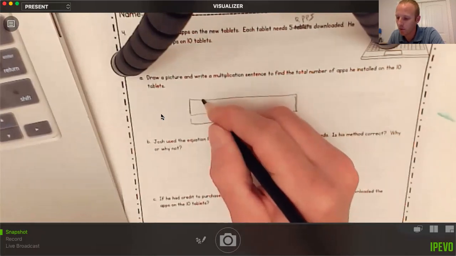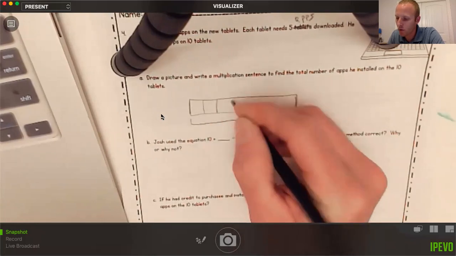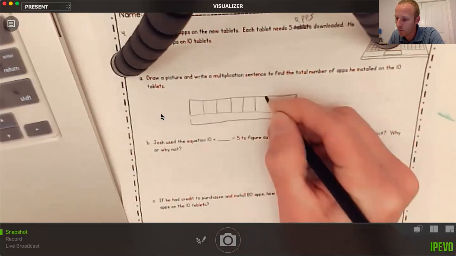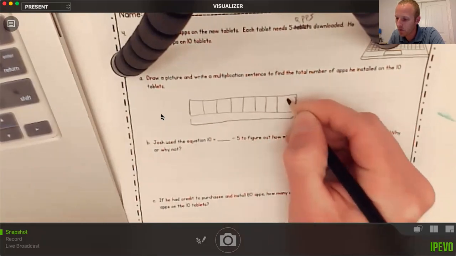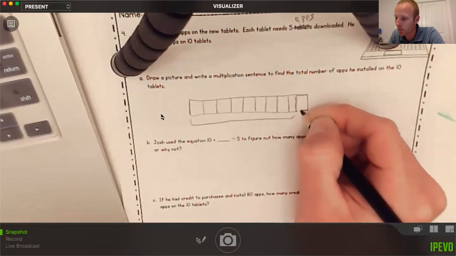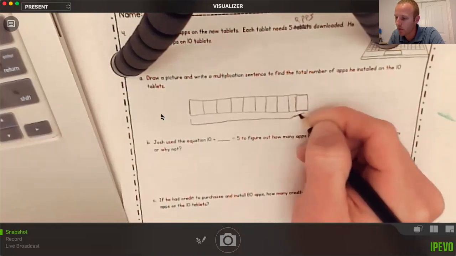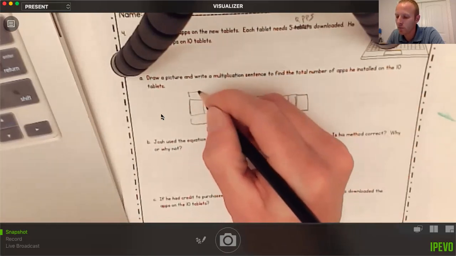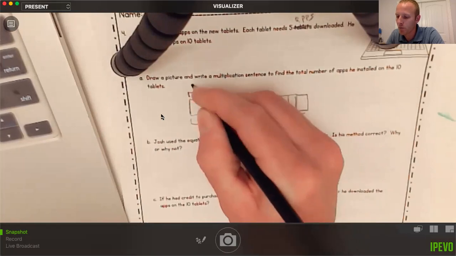I have 1, 2, 3, 4, 5, 6, 7, 8, 9. Oops, I need to add one more on the end here. I didn't get this quite right, but there we go. So I have 10 sections. Each of them are worth 5.